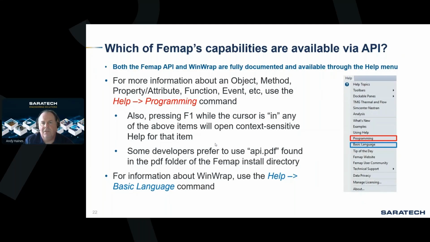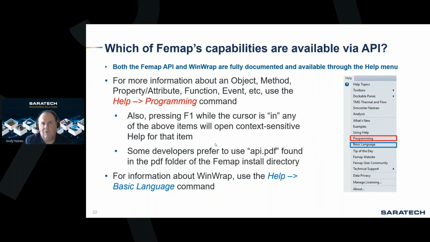So obviously the documentation, as I said, is very important. If you're looking for information about the objects or things that are actually about the Femap API, that's where you go to help programming. You can also use F1 by simply putting the cursor within an object or call within the API programming window, and it'll be context sensitive. For some folks, it's a lot easier just to look at the PDF, so it's available in there.